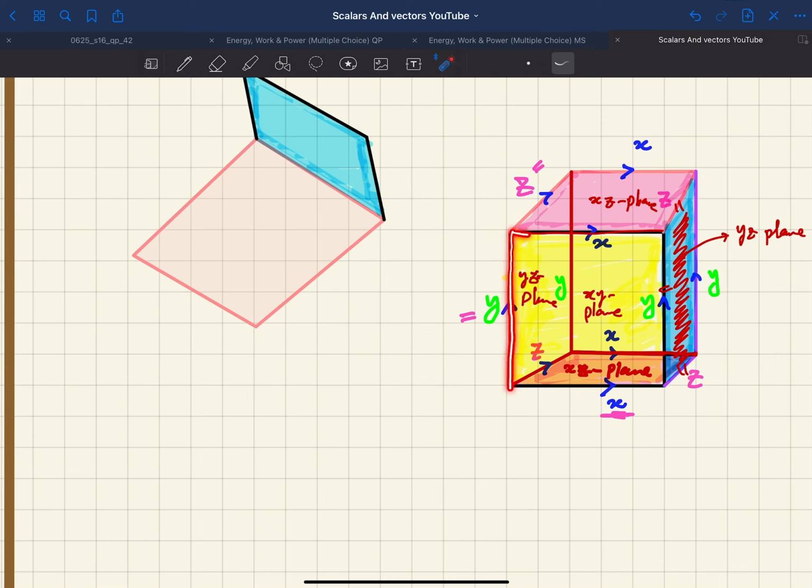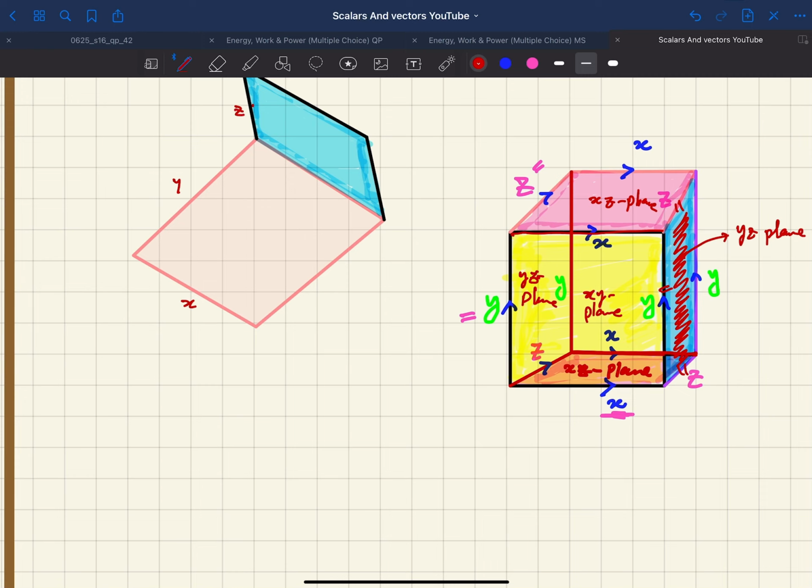So the combination of xy is giving you this front side or even the back side, and this will be the xy plane. Similarly, we can take this line, suppose here we have the x-axis and here we have the y-axis. So we can consider this as the x-axis, this is the y-axis. So this will be our z-axis.